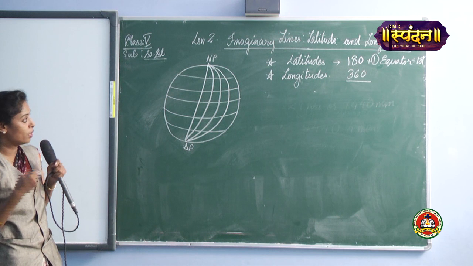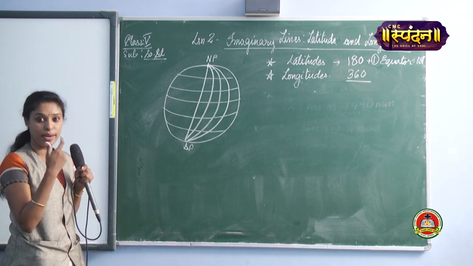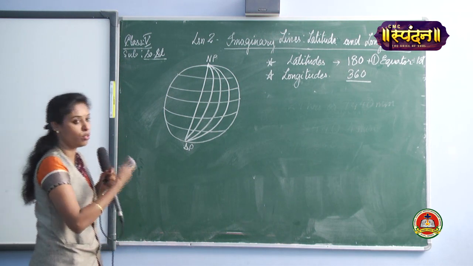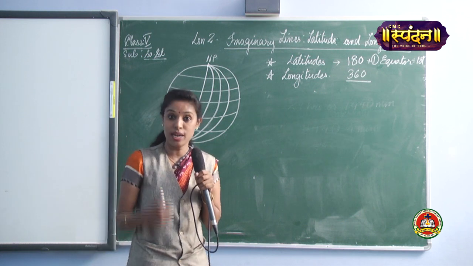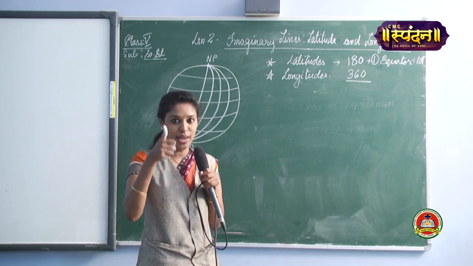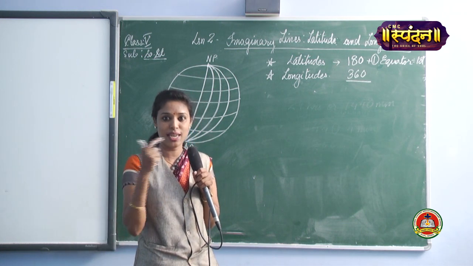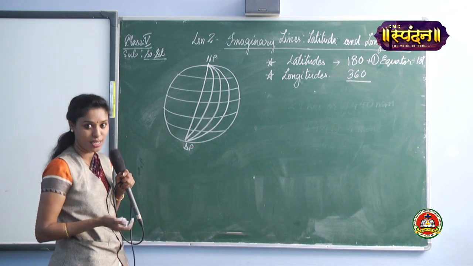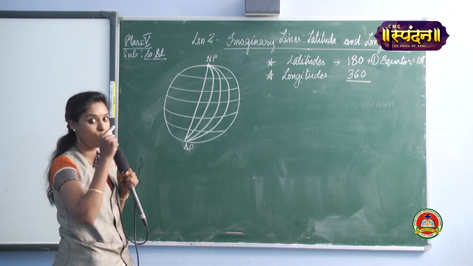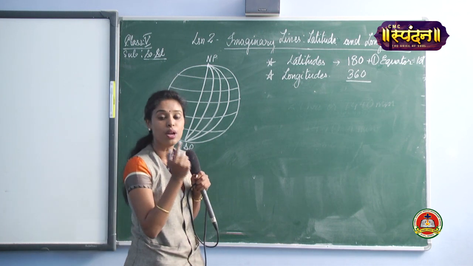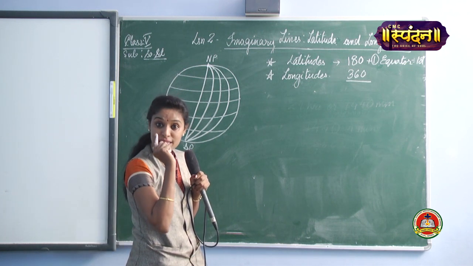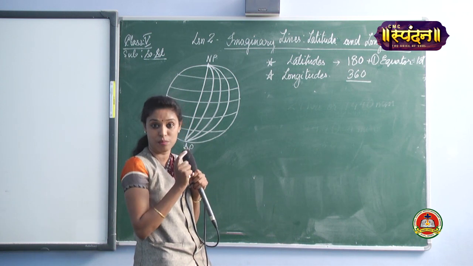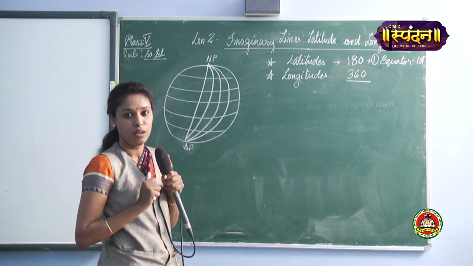So you have learned that the latitudes are 181 in all. Longitudes you had 360. Your international date line is 180 degree from both sides, east and west, which helps to find out the date. And then you learned how the longitudes move towards the sun, and how much time it takes to move in front of the sun.